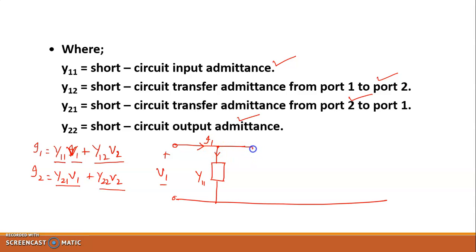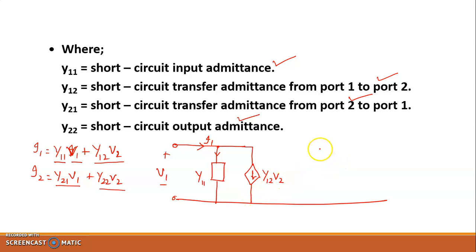Similarly, the second term is a current that depends upon the voltage V2 at the output side. So we can represent that as a dependent current source delivering a current equivalent to Y12 V2. Okay, so that is the representation of the input side.